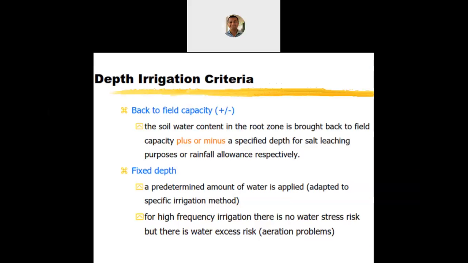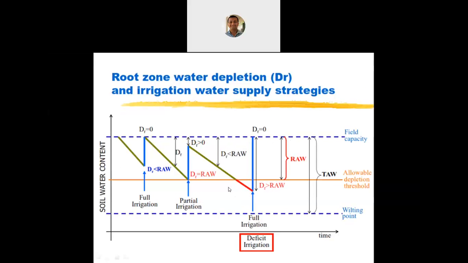So for the depth of irrigation criteria, we can fix it as either we apply water to revert the soil moisture content to field capacity, or maybe apply a fixed depth of irrigation, that is, a predetermined amount of water applied for each irrigation frequency in order to reduce the risk.